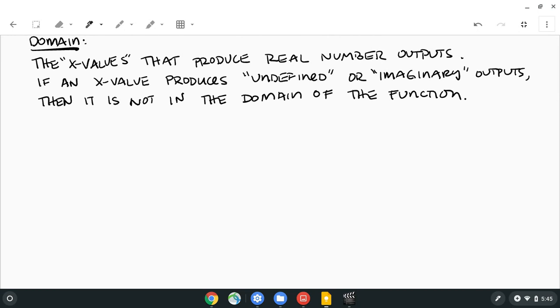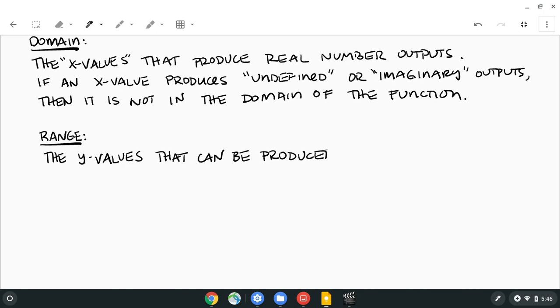Okay, the range, these are the y values that can be produced by the domain. Okay.